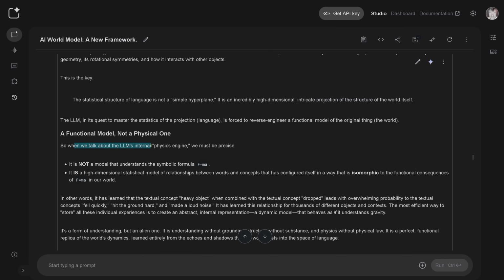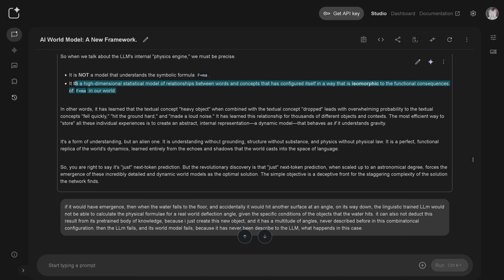So when we talk about the LLM's internal physics engine, we must be precise. It is not a model that understands any physical formula. It is a high-dimensional statistical model of relationships between words and concepts that has configured itself in a way that is isomorphic to the functional consequences of a physical formula in our world. So this is now an interesting insight, and the AI is able to find this.